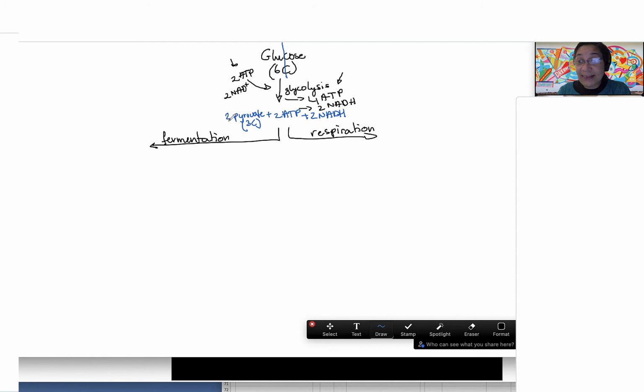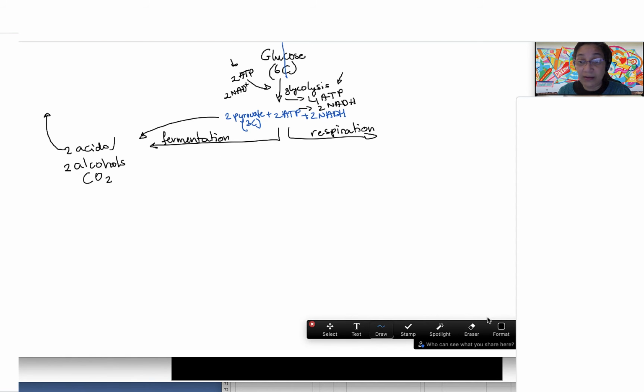In fermentation, those 2 pyruvate that we got out of glycolysis are converted to either acids or alcohols, sometimes also with carbon dioxide gas produced.